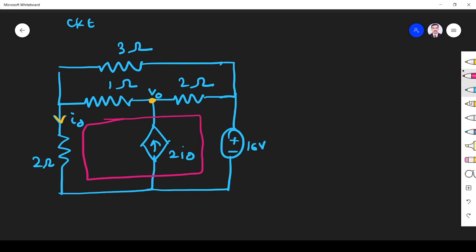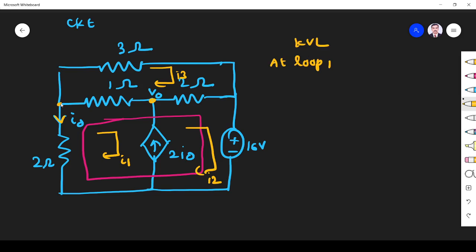Okay. Now we apply KVL to find the answer. So let us assume this is the current flowing through this mesh, this is the current flowing through this mesh, and this is the current flowing through this mesh. Now apply KVL at loop 1. Let me start from here. It is 1 ohm, so 1 into I1 minus I3.